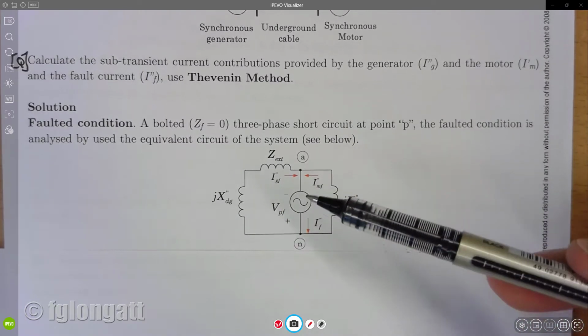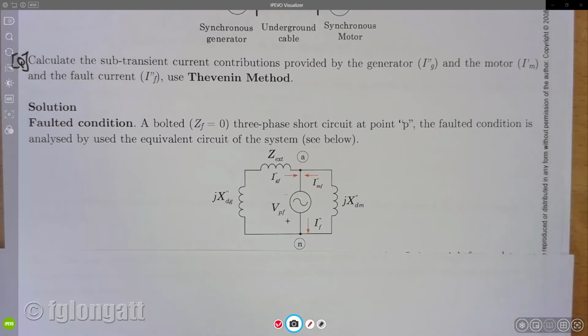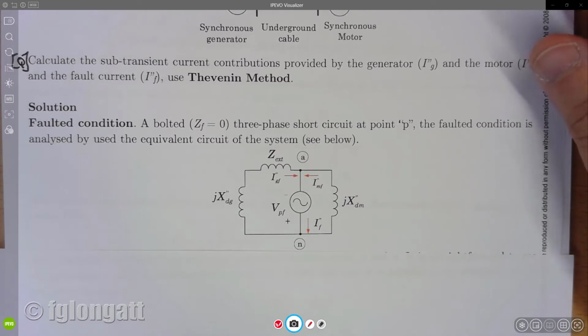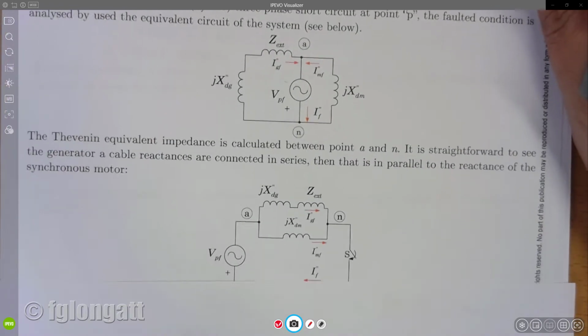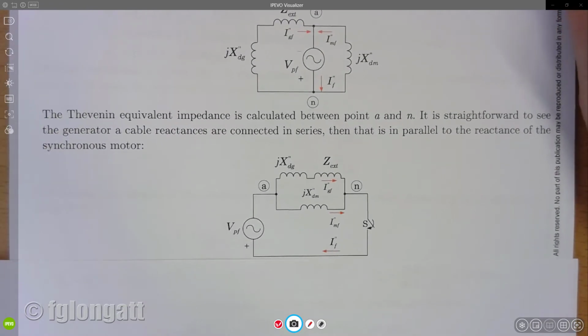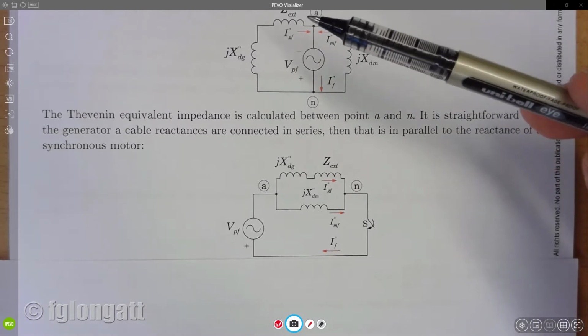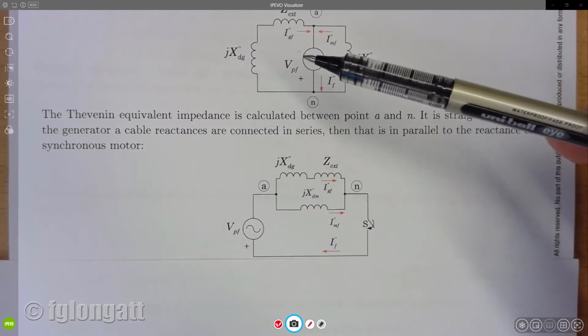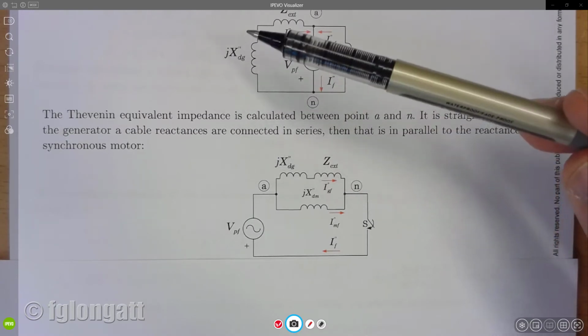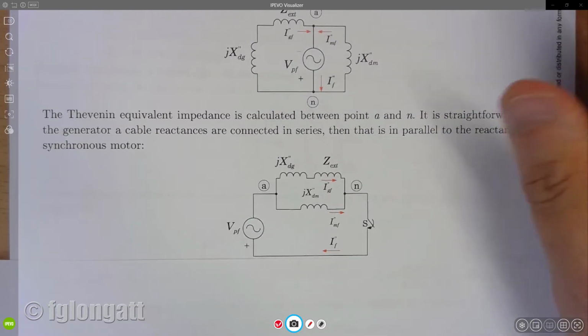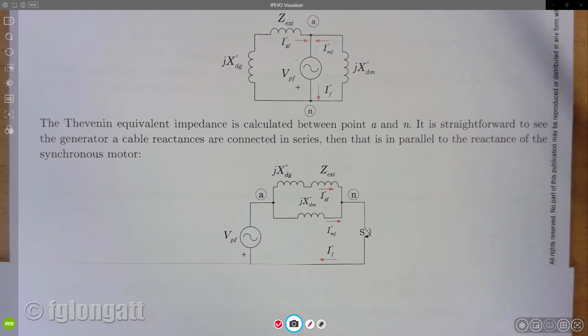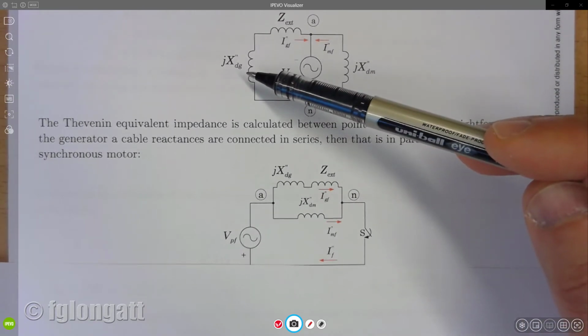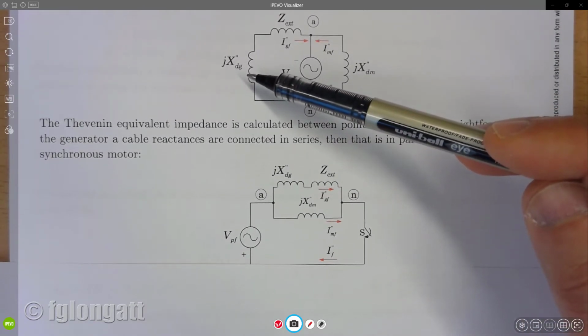Okay, I think you can see using Thevenin method, things simplify a lot, because right now circuit analysis is extremely simple for this circuit. What you need to do first is to understand that this is the voltage source here. But what I need that you understand is that this is the sub-transient reactance from the generator.